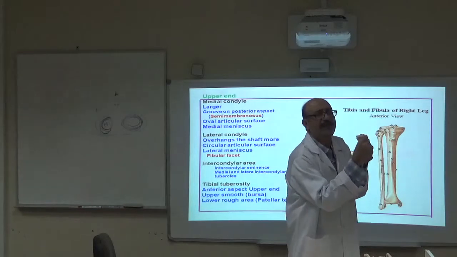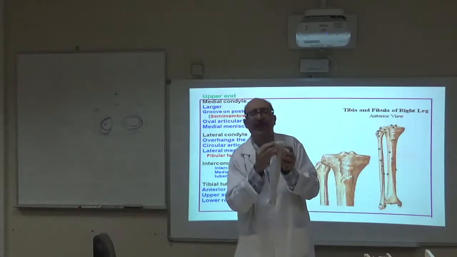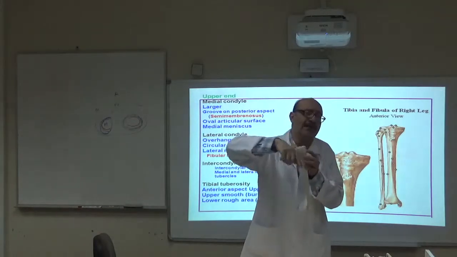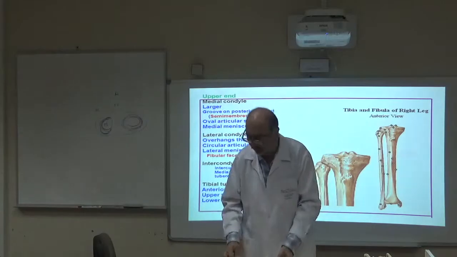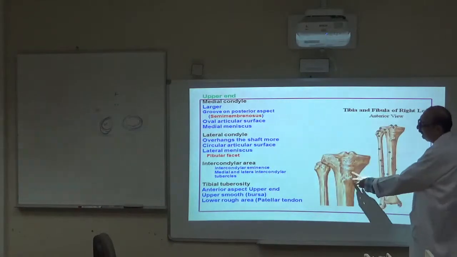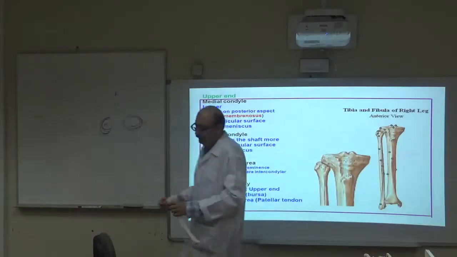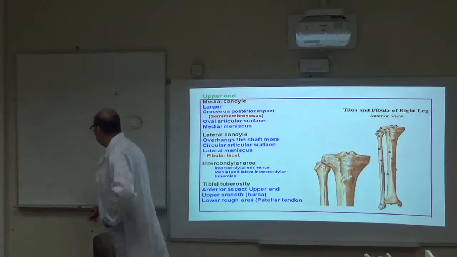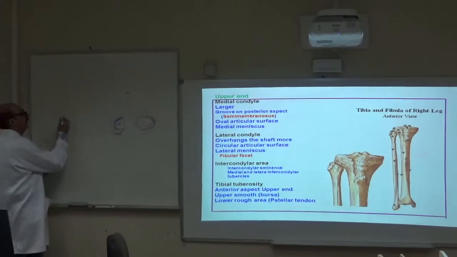This is called fibular facet for attachment of upper part of fibula to make superior tibio-fibular joint. Clear? Okay. Then there is a tibial tuberosity. Here in front is the tibial tuberosity. If I try to draw a tibial tuberosity here, this is the upper end of the bone.